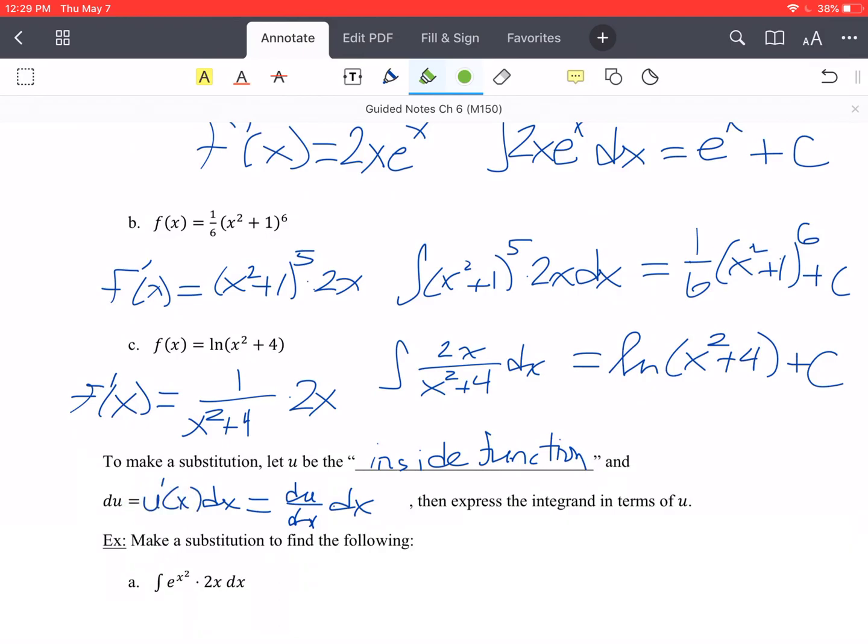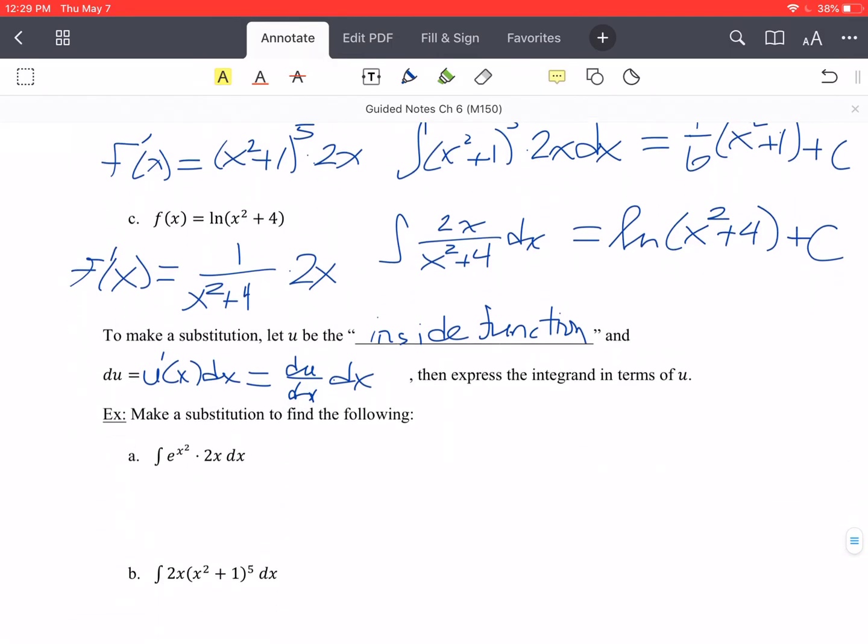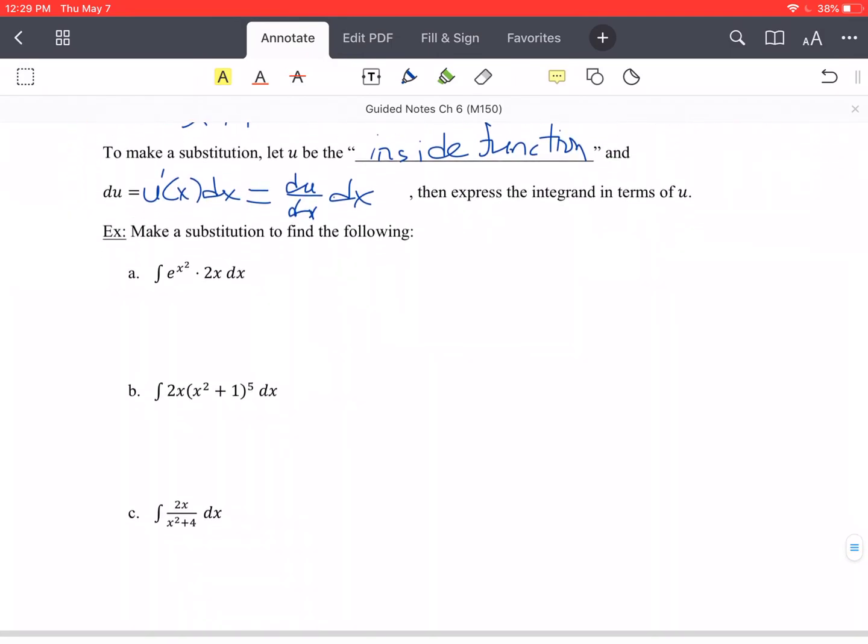The reason that's important is because when we're taking these integrals, here we have inside function, here we have its derivative, here we have inside function and its derivative, right? So these pieces are going to be substituted, and that's going to make it a lot simpler for us to integrate. Okay.